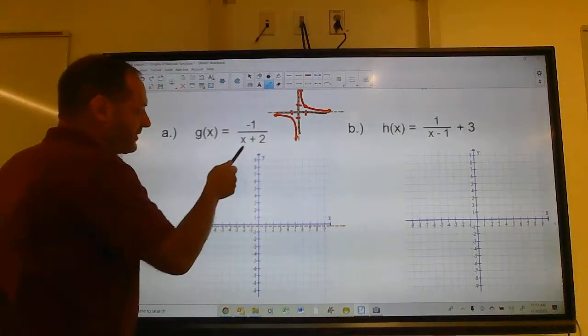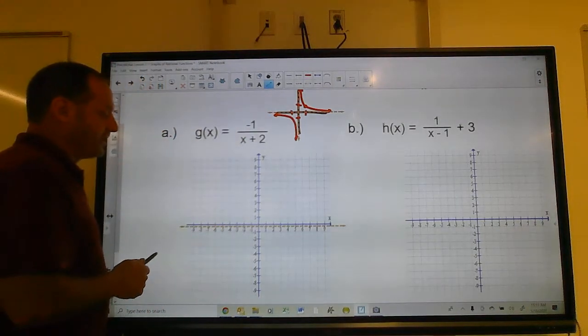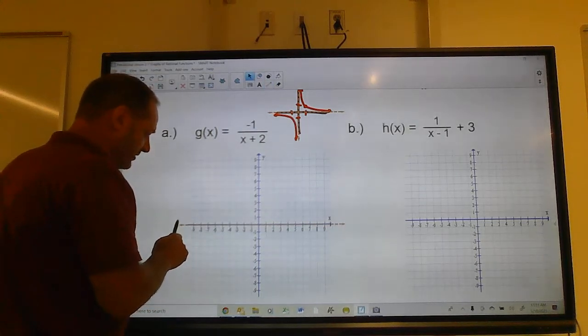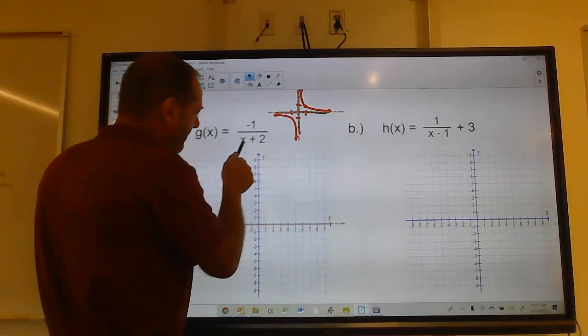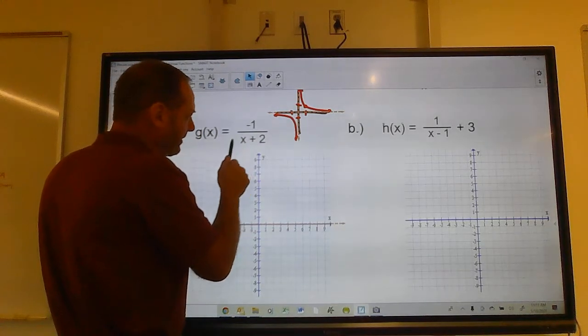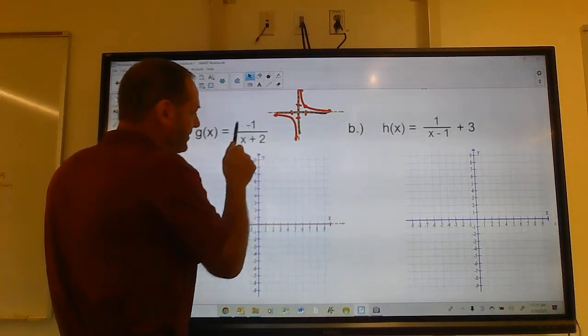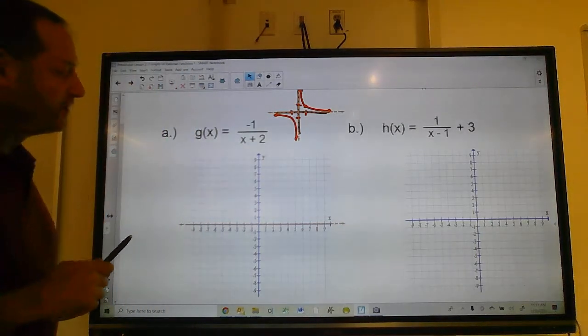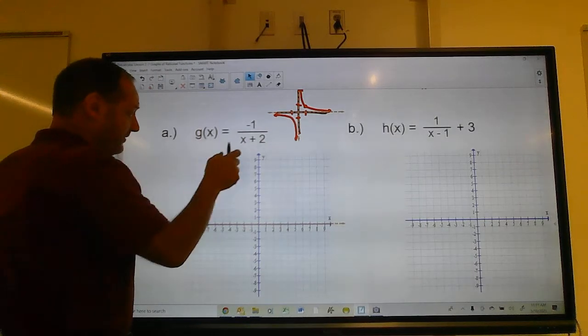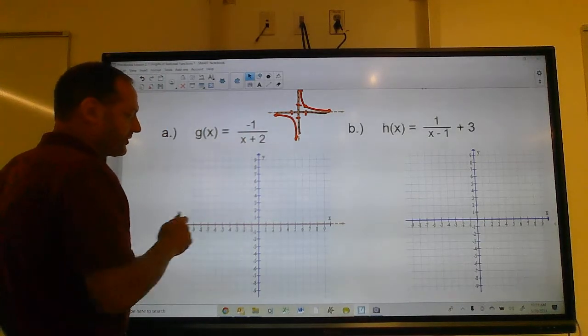Since the degree of the denominator is bigger than the degree of the numerator, this thing is going to shrink to 0. It's going to have a horizontal asymptote at 0. So if you think about it, what happens as x goes to infinity here? This number on the bottom gets bigger and bigger and bigger. This stays the same. So the number as a whole gets smaller and smaller and smaller. This approaches 0. That's why you got a horizontal asymptote there.